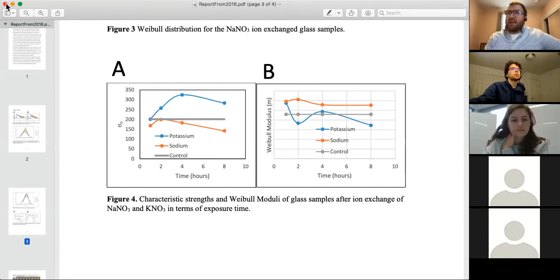You said 18 also had it. I can take a look at that. The 2018 had the silver. Okay.